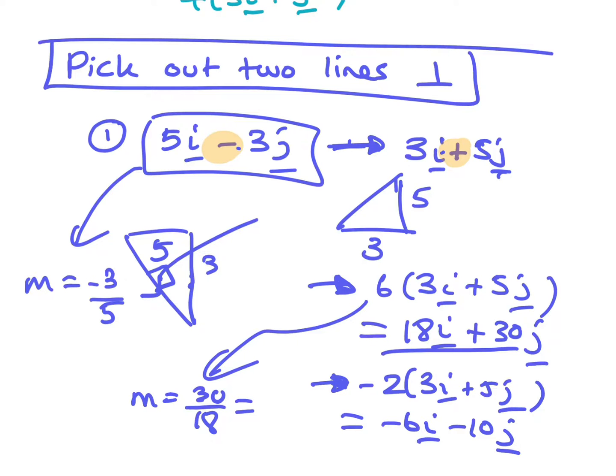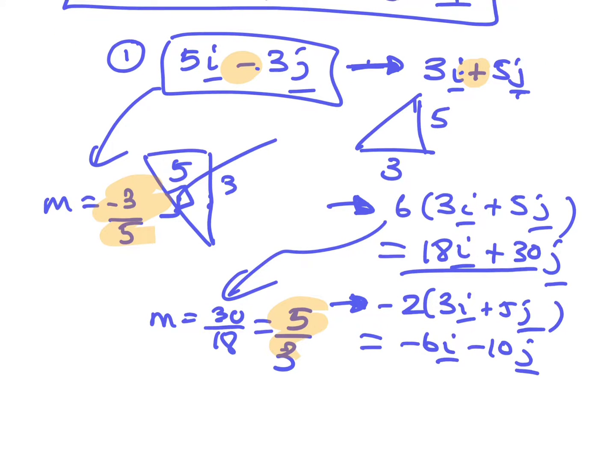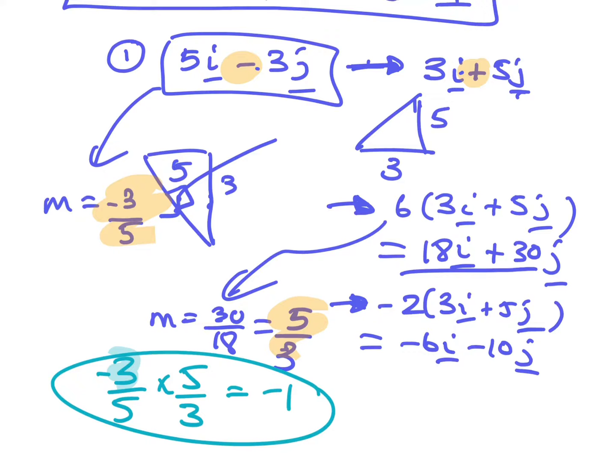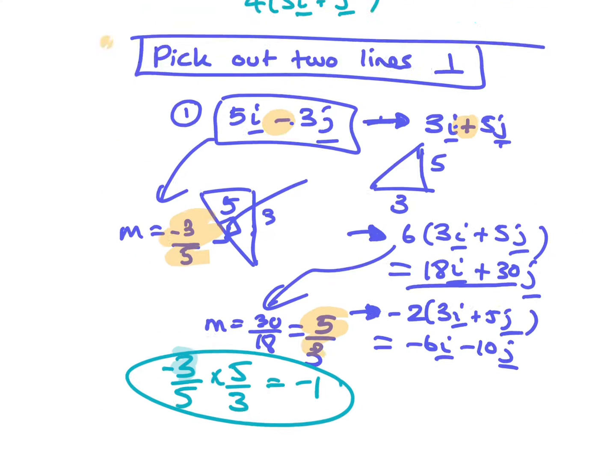Now 6 goes into the top one 5 times, and into the bottom one 3 times. So it's the same thing. They're negative reciprocals of each other, aren't they? If you multiplied those two things together, minus 3 on 5 times 5 on 3, you will end up with minus 1, and they will be perpendicular.